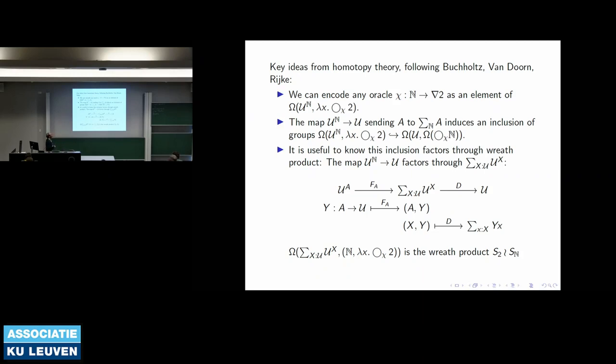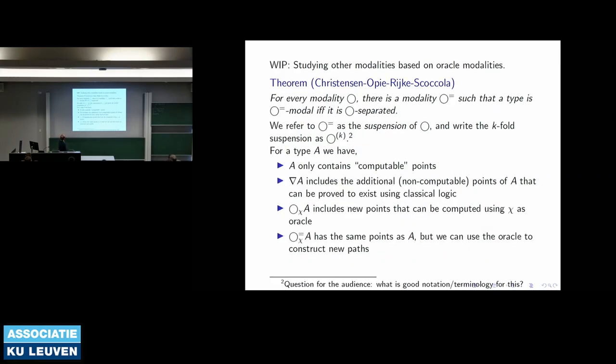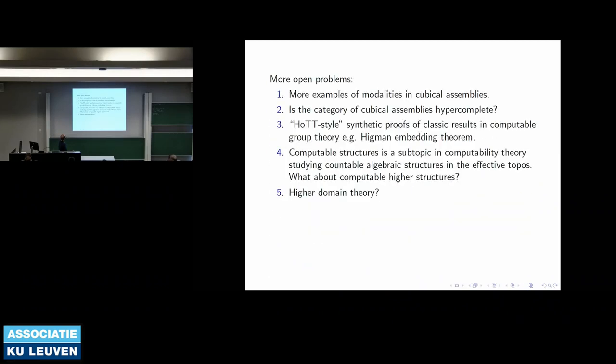I think this is mentioned in passing in the Buchholz, Van Doorn, Rijke paper. So the important thing is I'm using this in the proof. If you want to know the details, you can ask me afterwards. And I skip over all this.